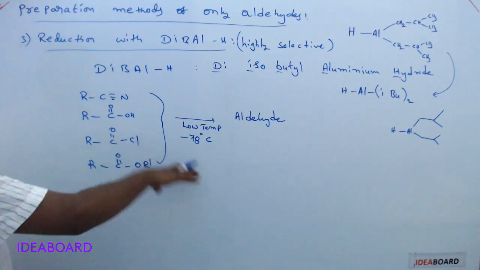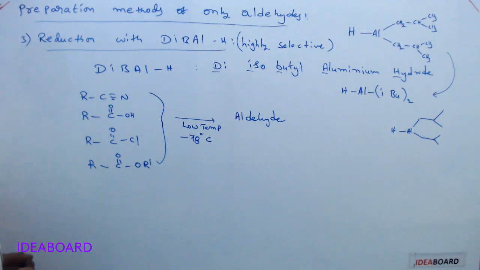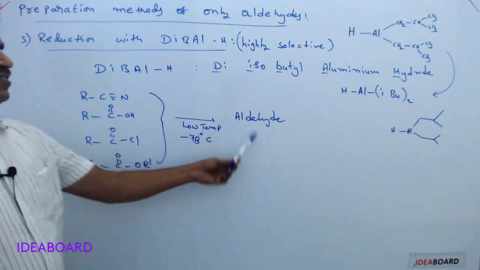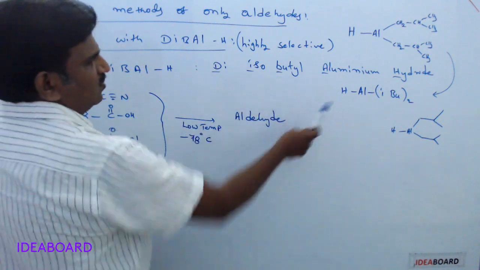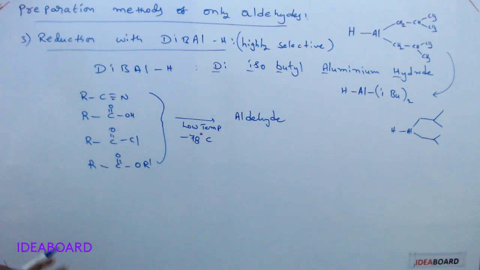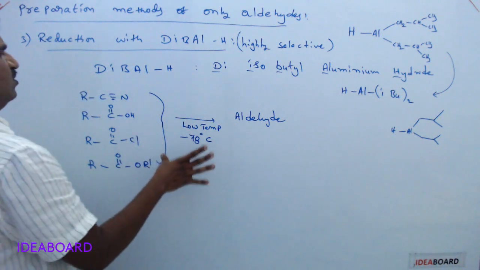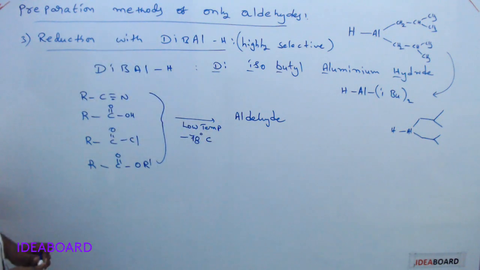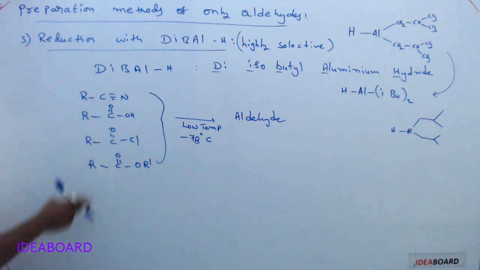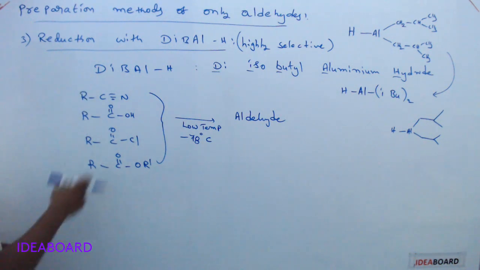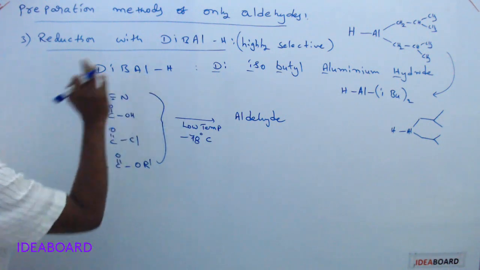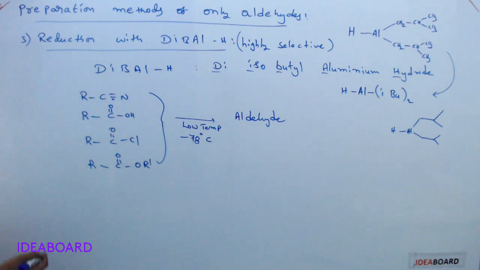At a high temperature it leads to the formation of alcohols, meaning further reduction is possible. So further reduction can be controlled at low temperature, and the reaction intermediate is also stabilized at low temperature.